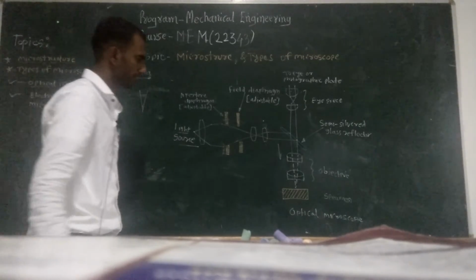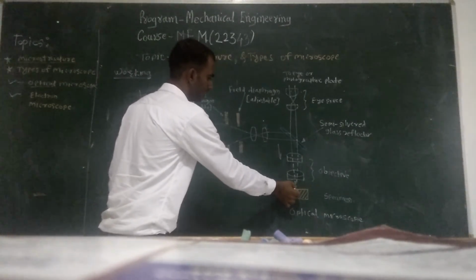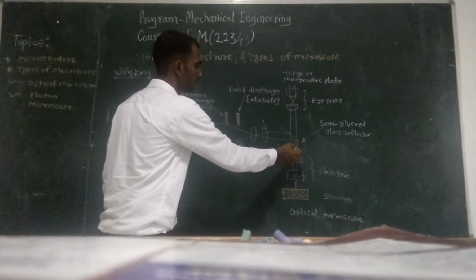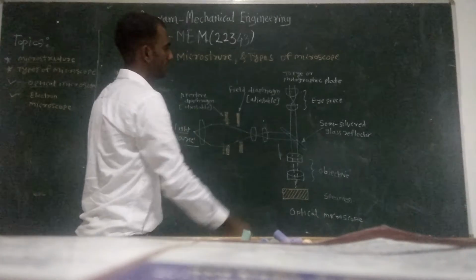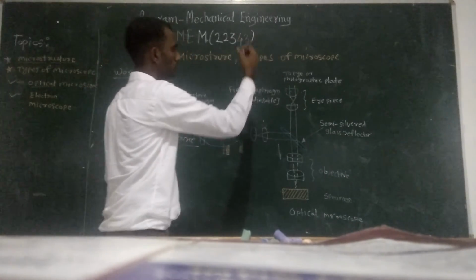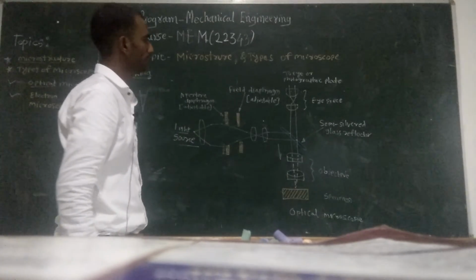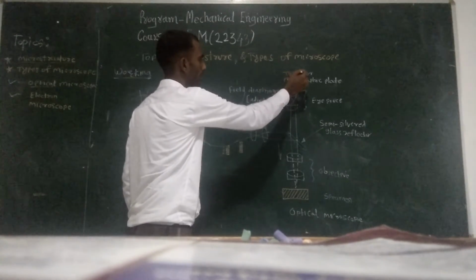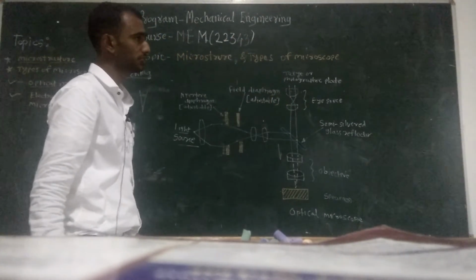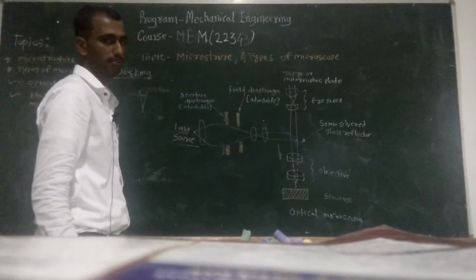They are reflected backwards through the objective lenses and semi-silver glass reflector towards the eyepieces, and through the eyepieces they are observed by eye or go to a photographic plate, from which we can observe the microstructure of the given specimen.